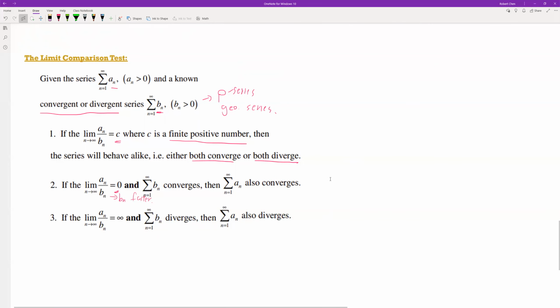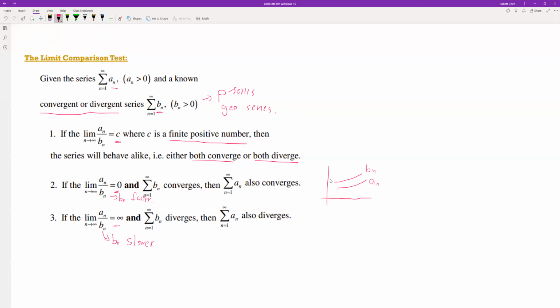And on the other hand, if the limit is equal to infinity, infinity means an grows faster and bn grows slower, right? So here bn is slower, right? And if the slower one diverges, then the faster one will diverge as well, right? So it's kind of like a direct comparison test, right? If you have something like this, bn and an.